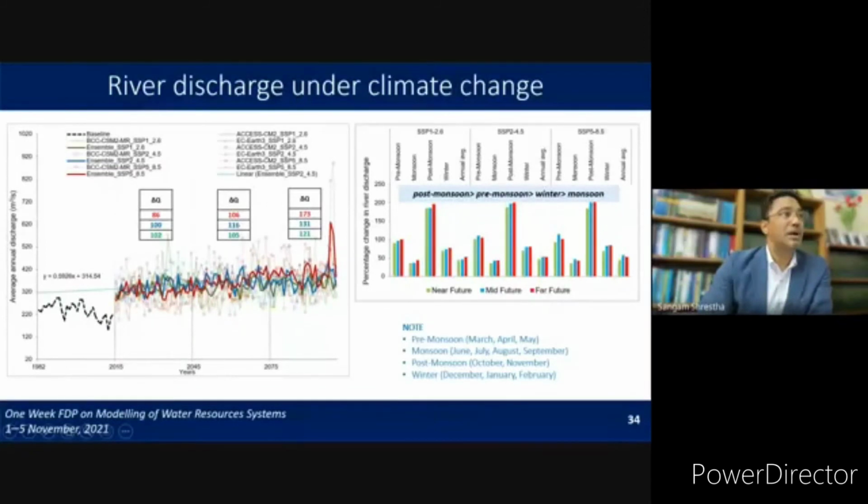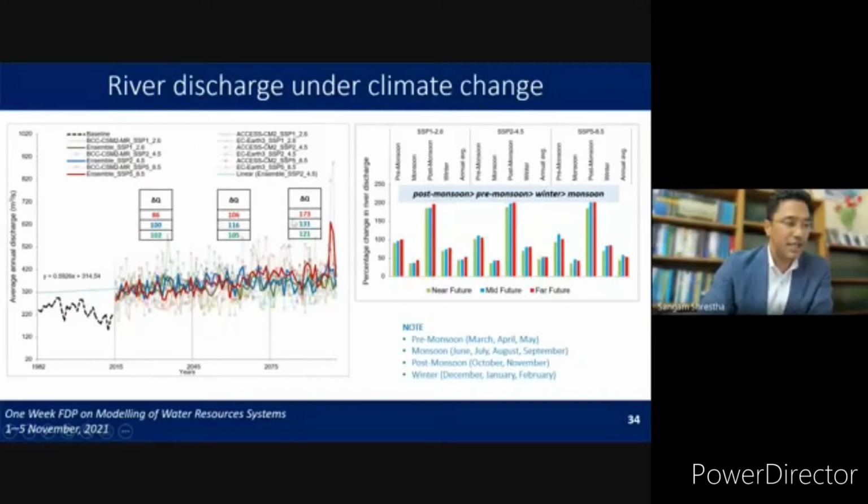Again, you can see that the bold, solid colored lines are the average annual discharge in the future under three SSPs: SSP1, SSP2, and SSP5. SSP1 is green color, SSP2 is blue color, and SSP5 is red color.